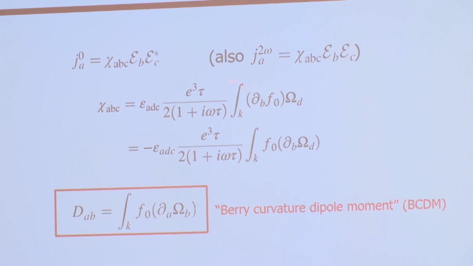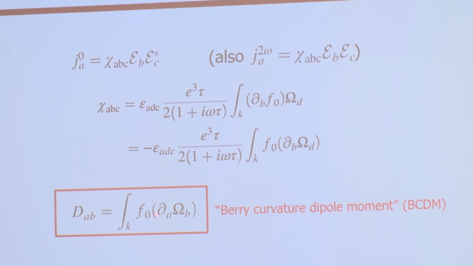And the material property, so of course tau is the relaxation time, omega is the frequency, but the material property that matters is this integral over here. You can either write it as a Fermi surface integral, as this is the derivative of the Fermi occupation function. So this is essentially an integral on the Fermi surface of the Berry curvature dipole, or you can write it as an integral over the Fermi sea of the k vector derivative of the Berry curvature.